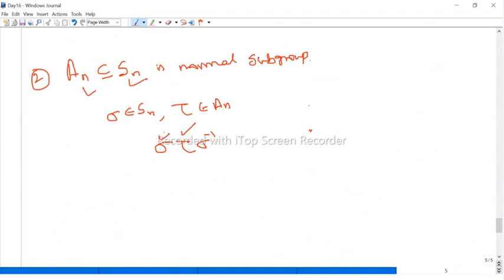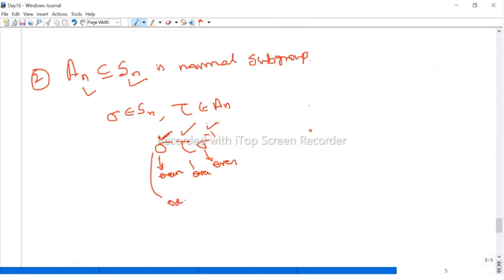Now what about sigma? Sigma may be even or odd. If sigma is odd, sigma inverse is also odd, so odd plus even plus odd gives even in total. In all cases, suppose sigma is even, then sigma inverse is also even, and tau is always even, so everything is even, and even plus even plus even is even.